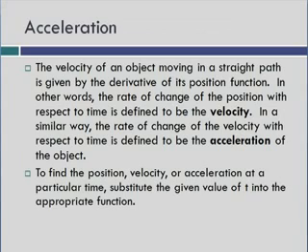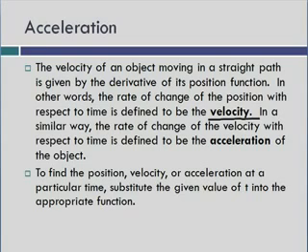Okay, so now let's take a look at an application. The velocity of an object moving in a straight path is given by the derivative of its position function. So if we know the position, like if we're throwing a ball up in the air and we have this equation that gives us the height of it or its position, the rate of change of that function will be the first derivative, and that is going to give us the velocity.